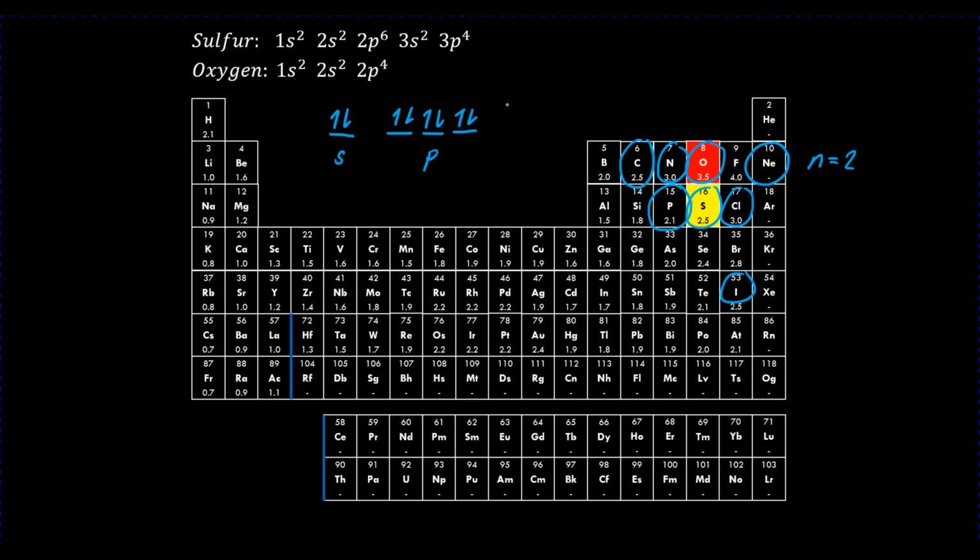Let's look at phosphorus, sulfur, and chlorine. The valence electrons of these elements have access to the third energy level. The third energy level has access to s, p, and then d. Particularly for sulfur, this is the orbital notation.